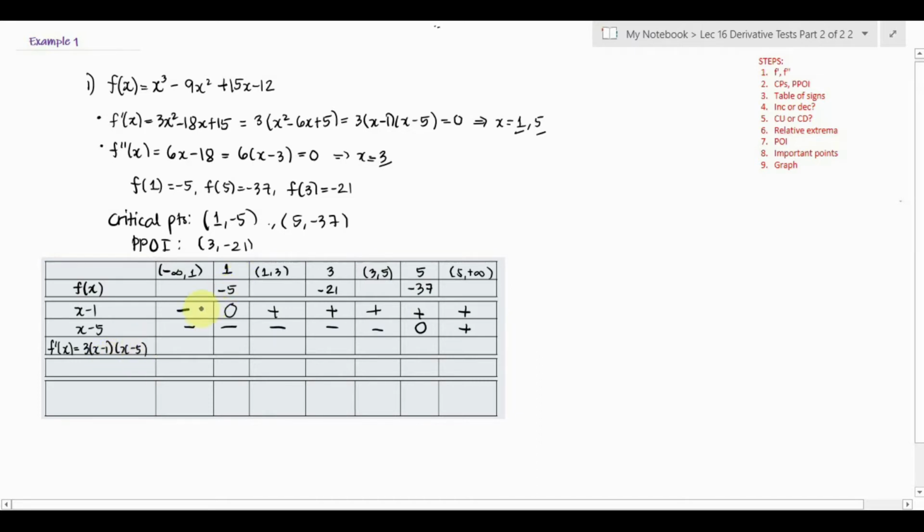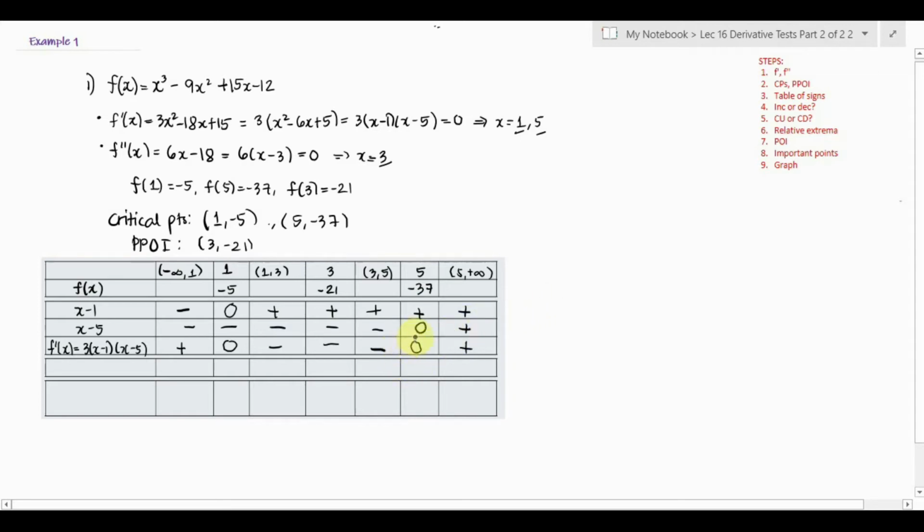So, you have here, negative times negative to be positive. 0 times negative to be 0. Tas same lang siya, no, for the whole row. We have positive here, negative here, negative here, 0 here, and positive here. Okay? So, that will be the summary of our signs for f prime.